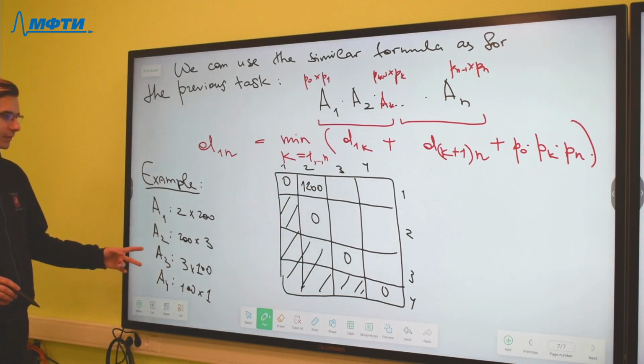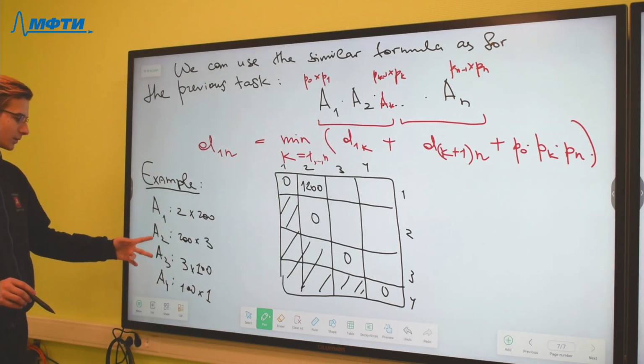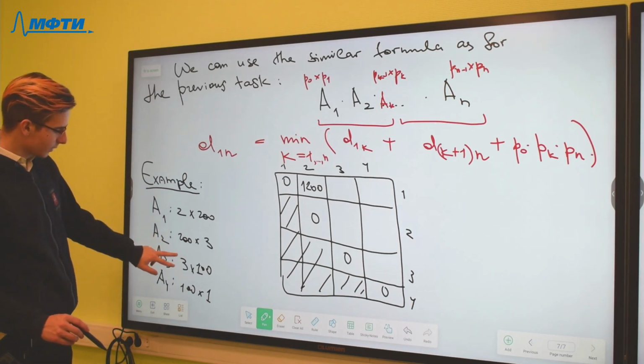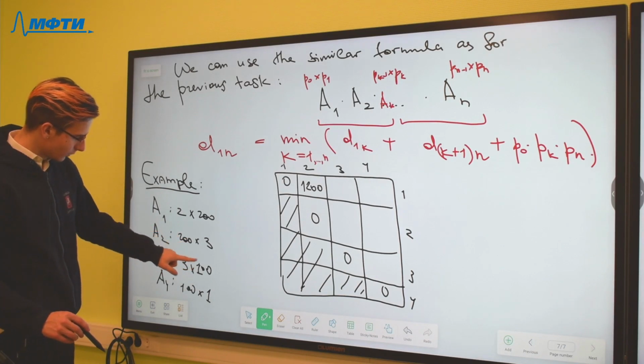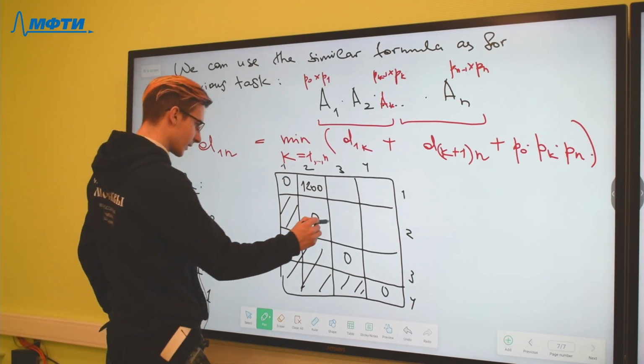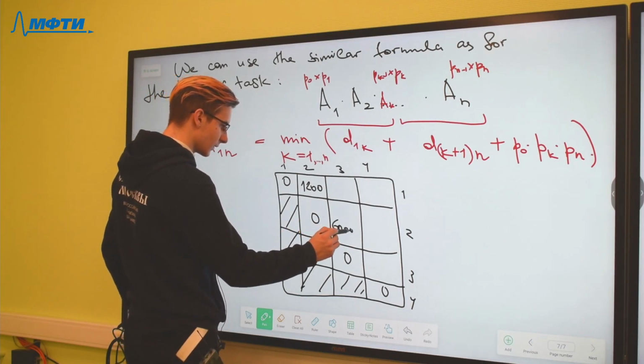And then we repeat for these two matrices too. We get the multiplication of this, which is equal to 60,000.